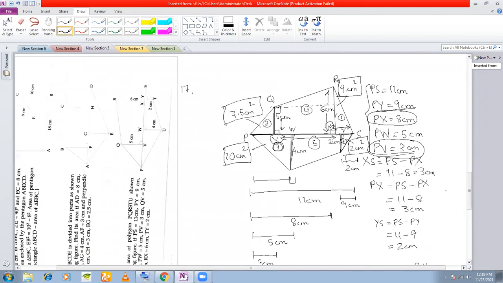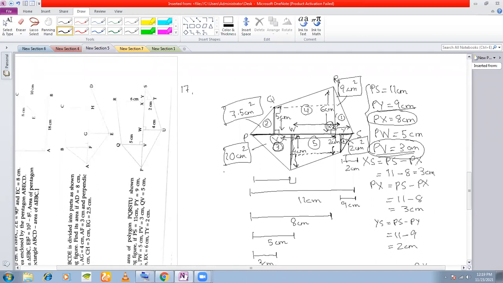Only trapezium 5 is left. Now see what the parallel sides of this trapezium are. If you see, these two are the parallel sides, 4 centimeter and 2 centimeter. And the distance between the parallels, or the height of the trapezium, is WY.